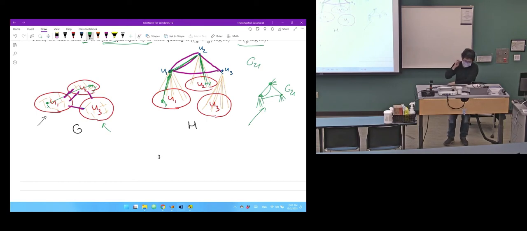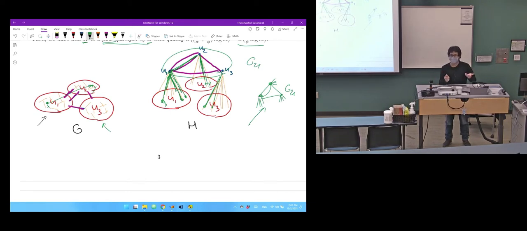Suppose that everyone just sends their demand up to its root. That will induce a new demand in the contracted graph. What is going to be the demand in the contracted graph?